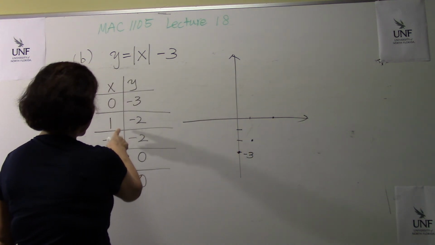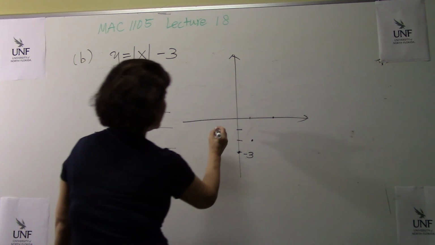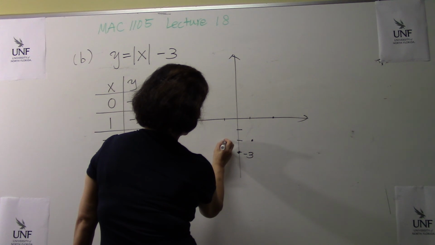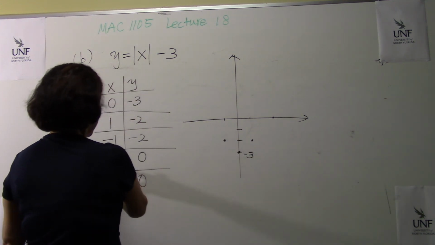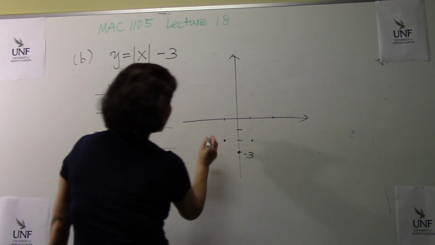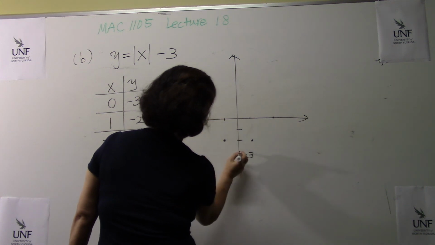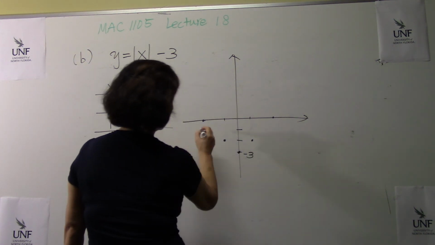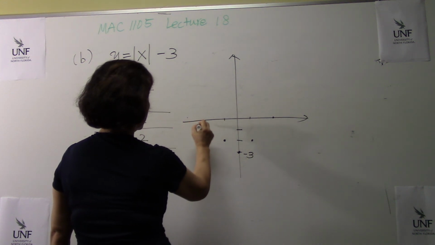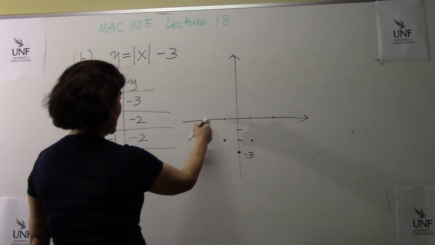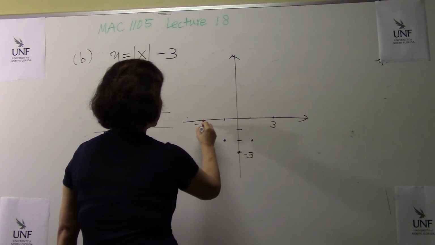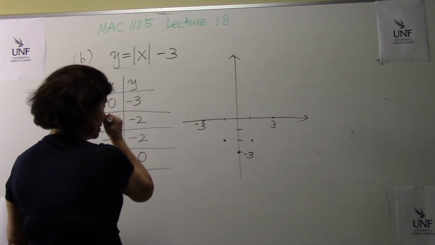When x equals negative 1, negative 2, as before. When x equals negative 3, y equals 0. When x equals 3, y is 0.